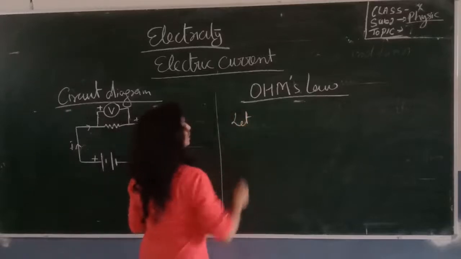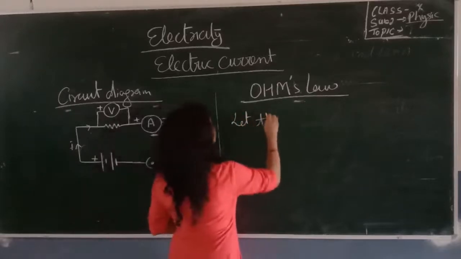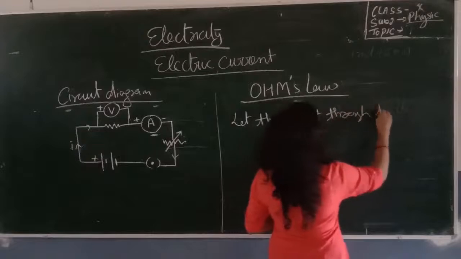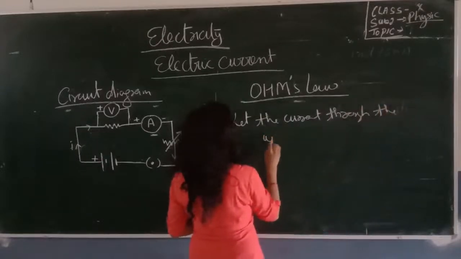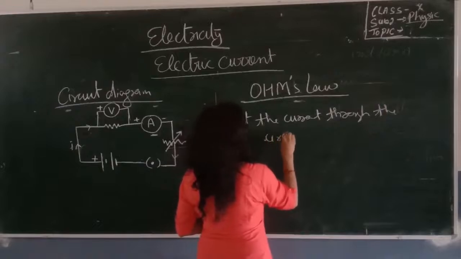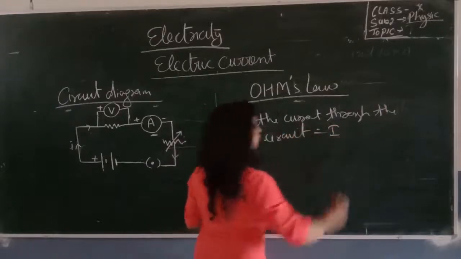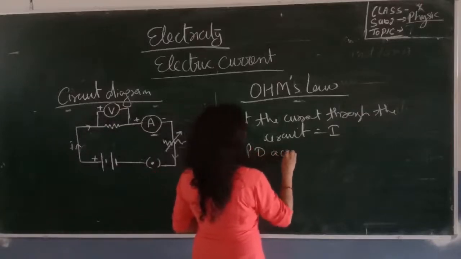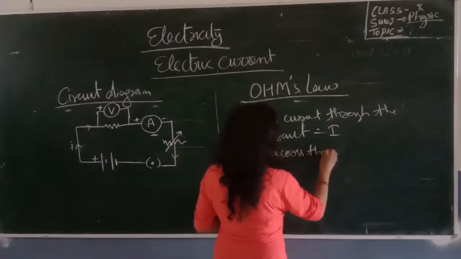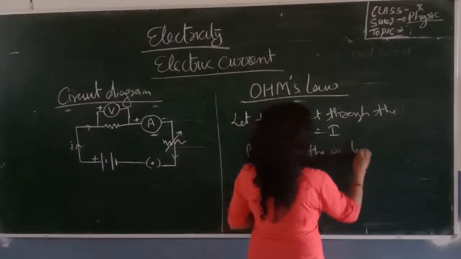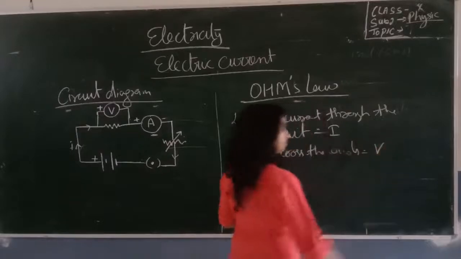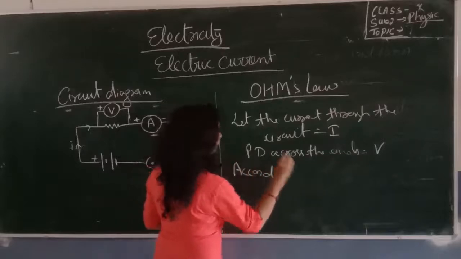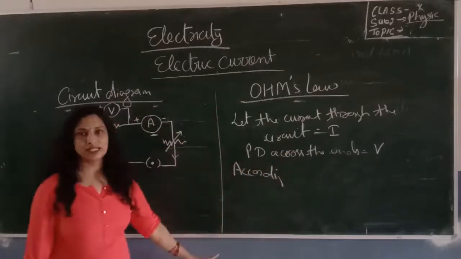Let the current through the wire, through the circuit you can also say, be equal to I. And the potential difference across the ends is equal to V. Then according to Ohm's law, after writing the two lines of the law, we will write all these things.